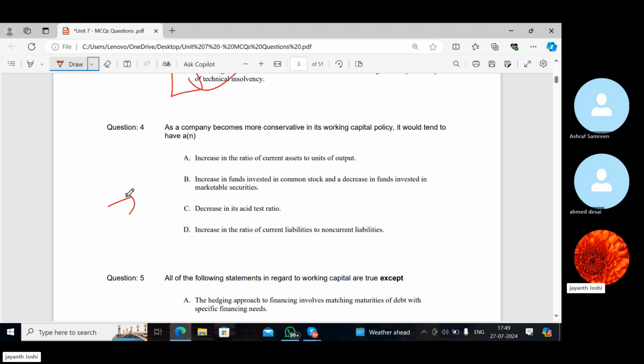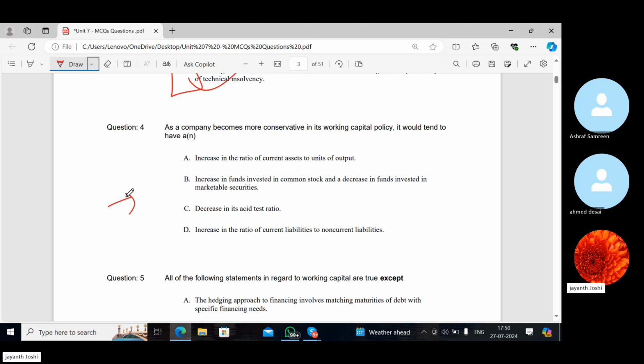The result is that company forgoes the potential higher returns available from using additional working capital to acquire long-term assets. So a conservative working capital policy is characterized by a higher current ratio, that is more current assets. Thus, company will increase current assets or decrease current liabilities.